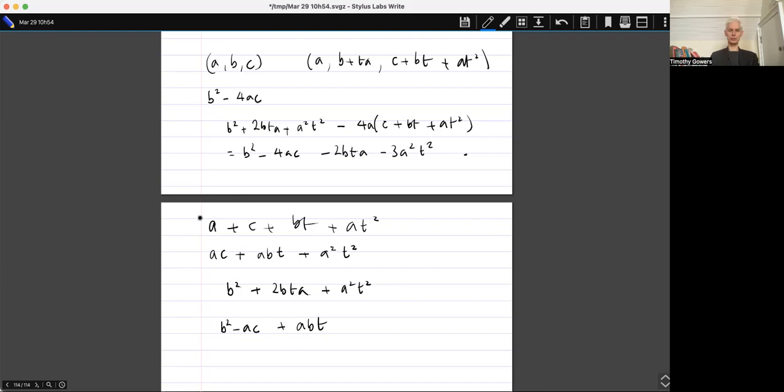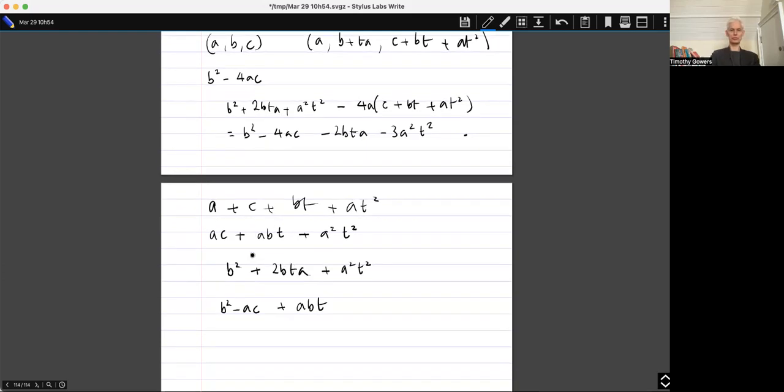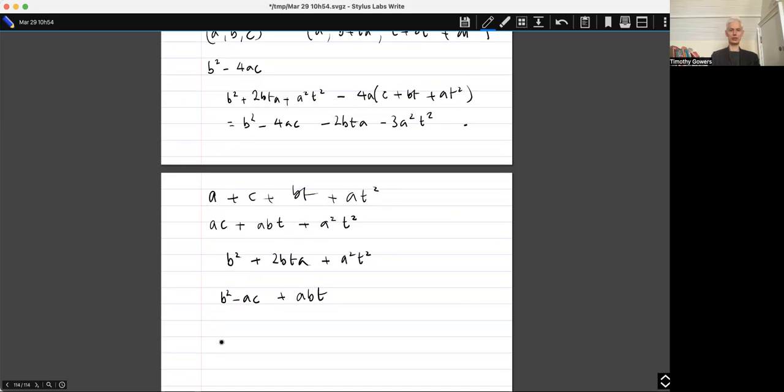So an alternative would be to get this 2bta to cancel, so I could go for b squared minus 2ac minus a squared t squared.